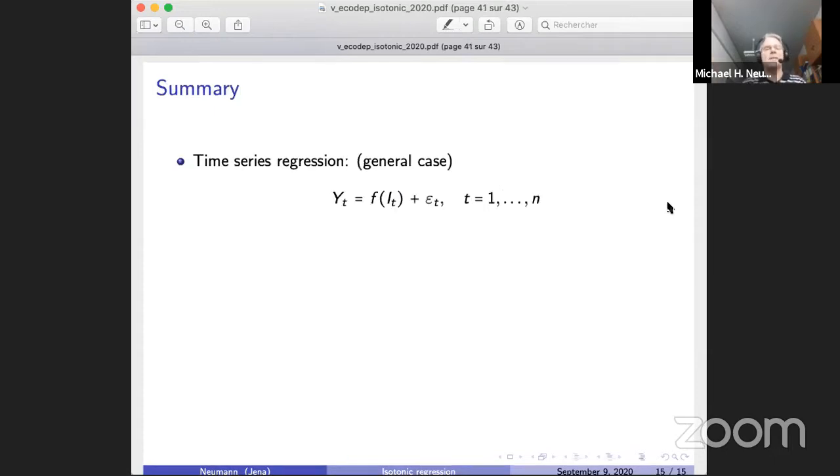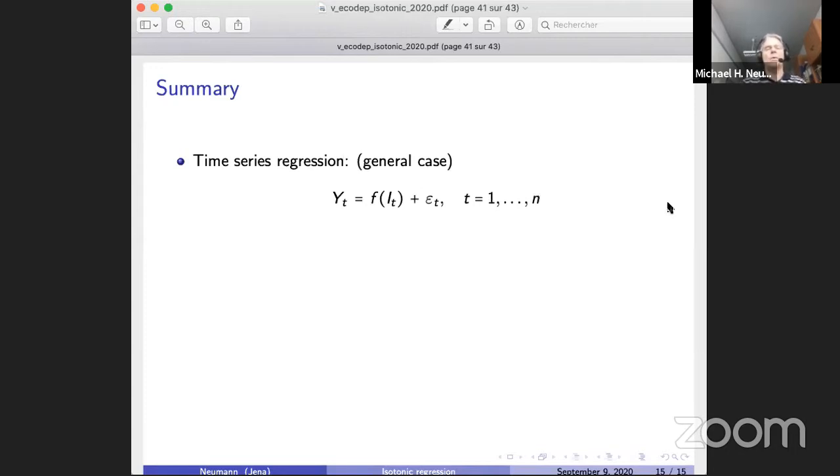So here's a brief summary of my talk. We considered the non-parametric time series regression with the isotonic function f. Actually, the general case, which we also considered, means that the information variable may consist of lagged values of the process y.